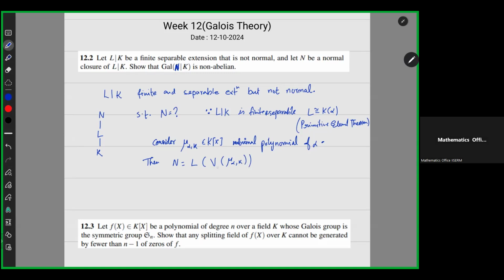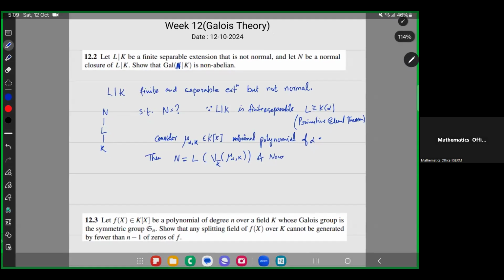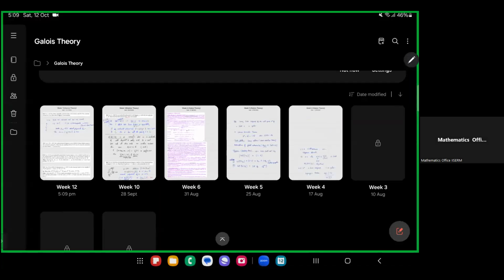In some algebraic closure of K, we attach this finite set of roots to L, and we get the normal closure.